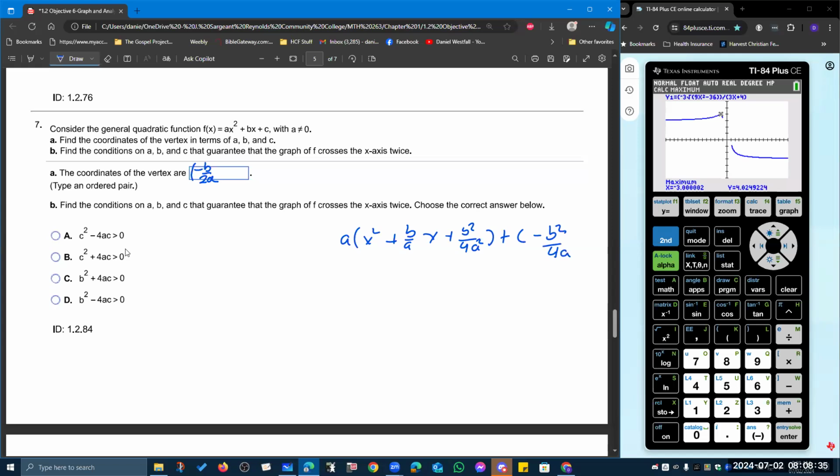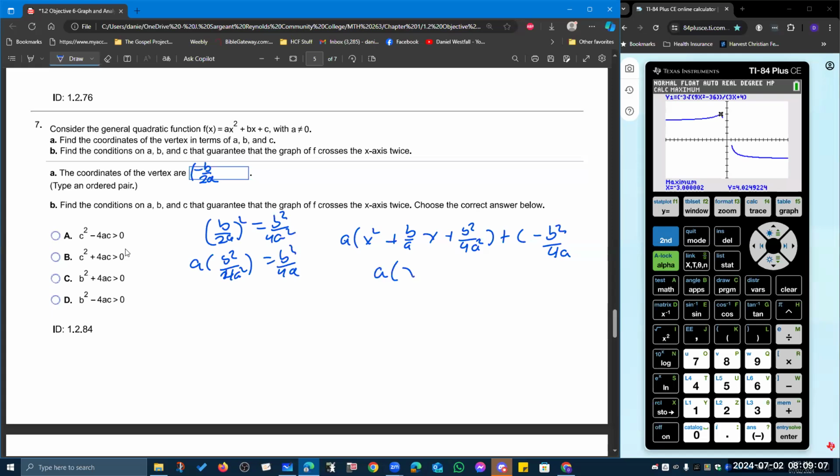This is b over 2a squared, which is what I did to get this number here: b squared over 2 times 2 is 4, a times a is a squared. I added a times b squared over 4a squared. So I added b squared over 4a. Since I added it into the problem, I need to subtract it from the problem over here.